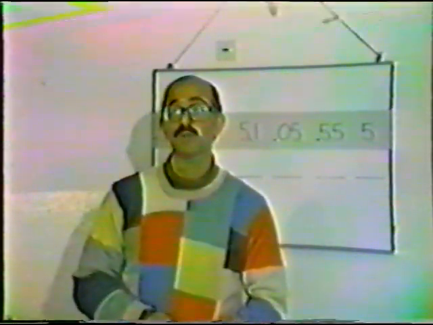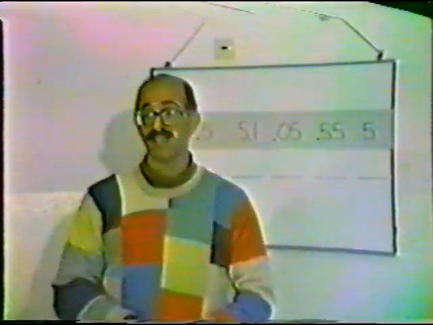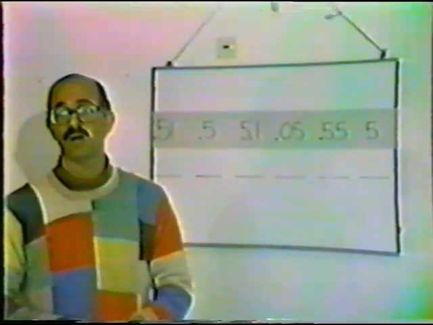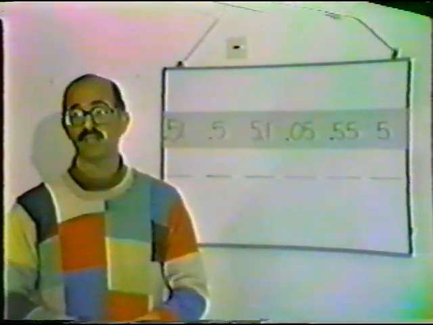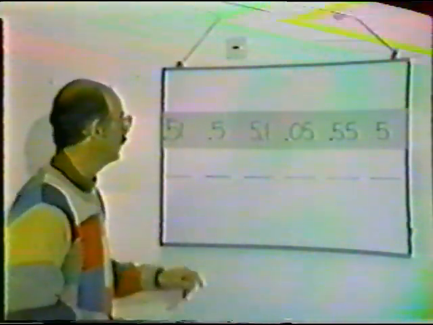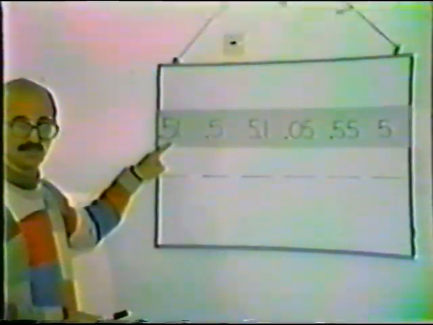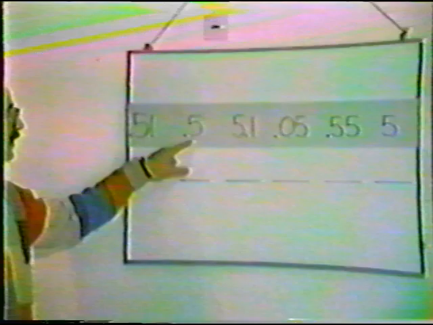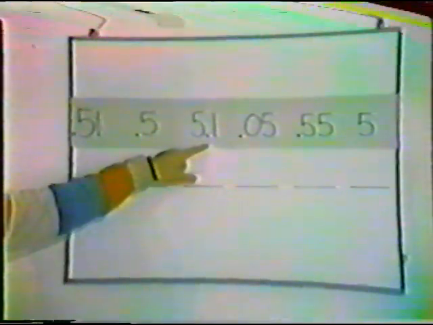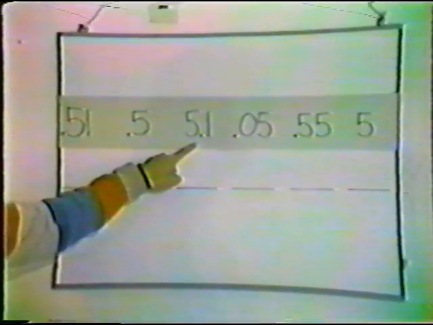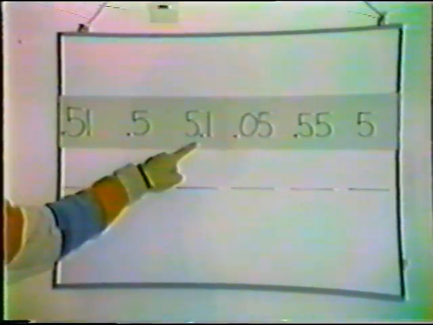The first thing we're going to ask ourselves, is there any number up there that is larger than 1? Yes. Is this one larger than 1? No. This one? No. This one? Yes. What number is that? 5 1/10. Yes, that's 5 and something.